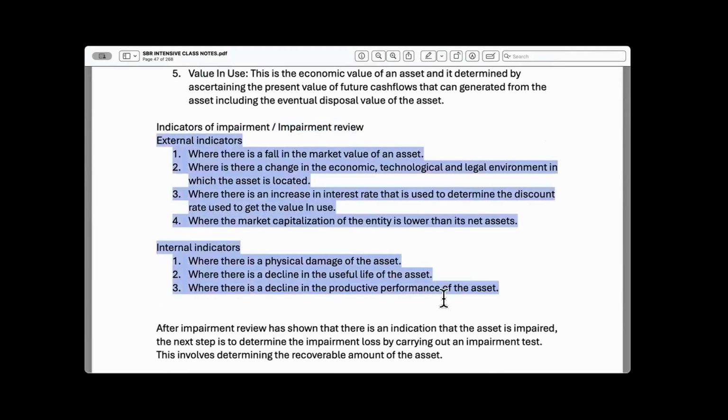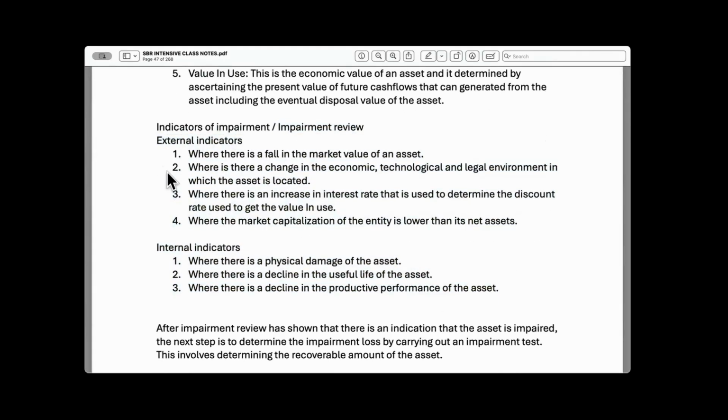You need to revisit these external and internal indicators, because before you carry out impairment of an asset, these are the indicators you watch out for first. This is what triggers you for impairment. So the indicators are key.